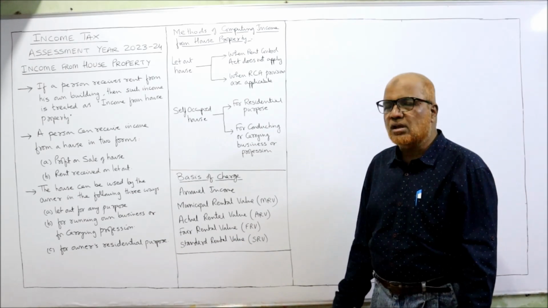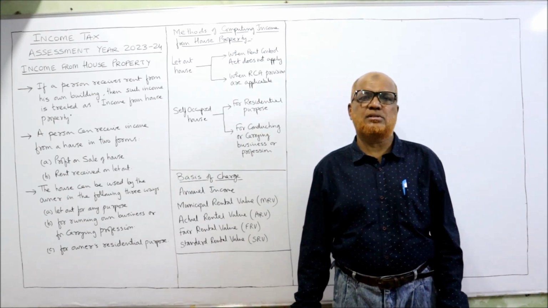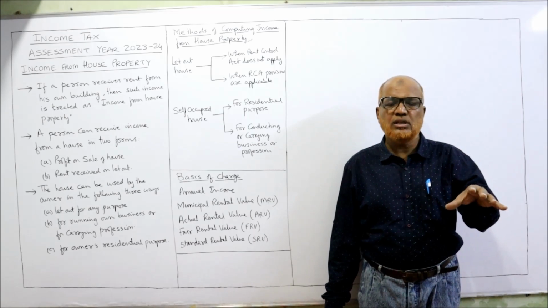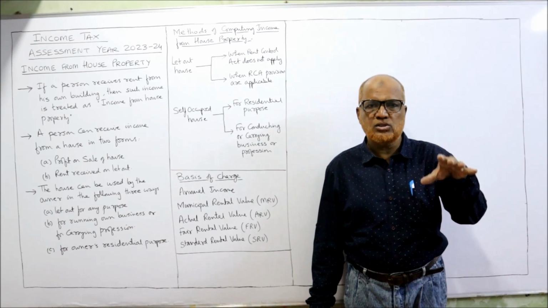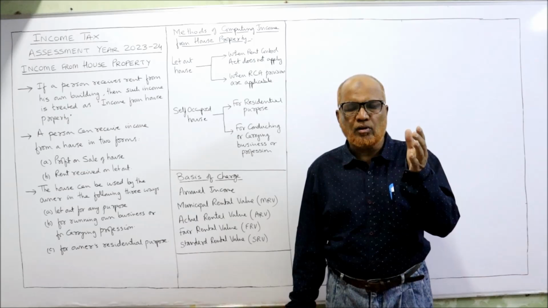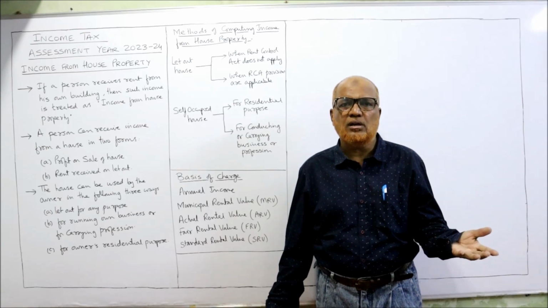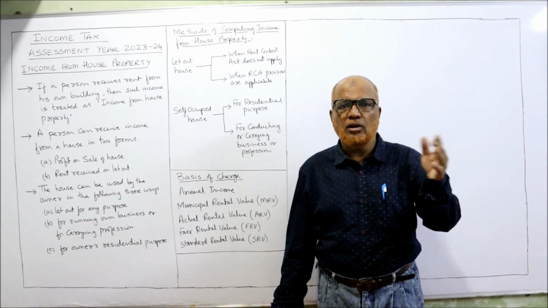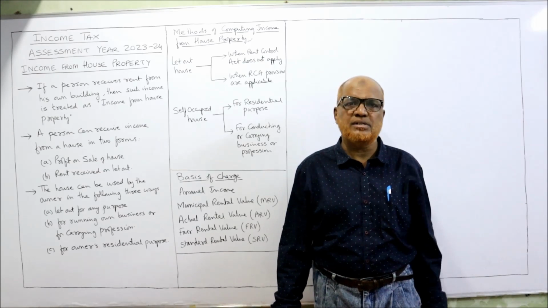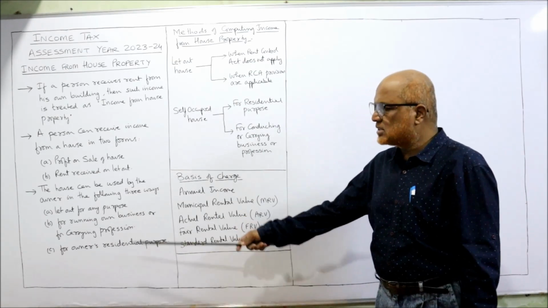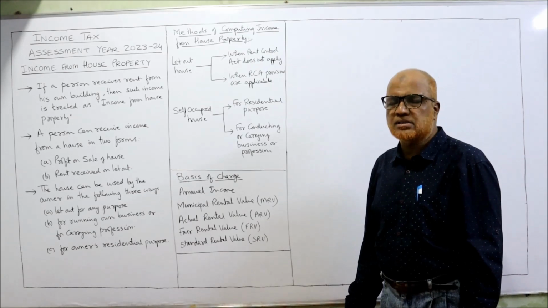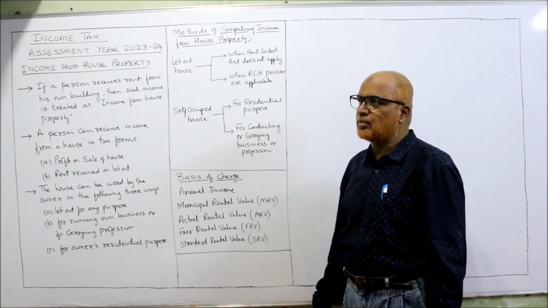Lastly, for the owner's residential purpose: when the owner is using the property for residing, he is neither letting it out nor using it for business or profession. In these 3 ways, a person can deal with his house property.